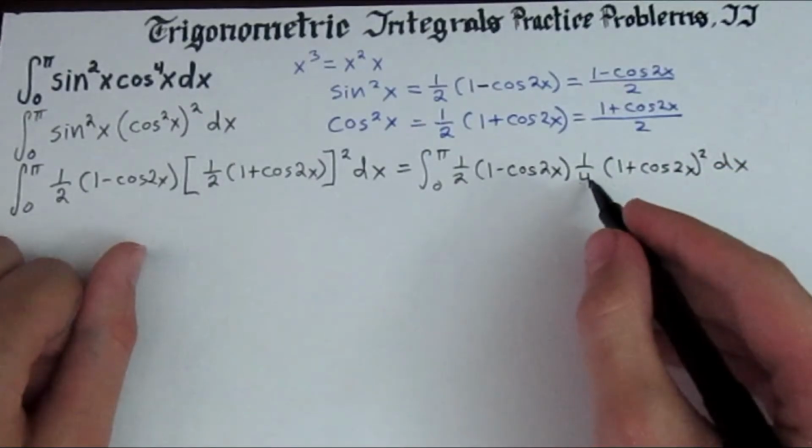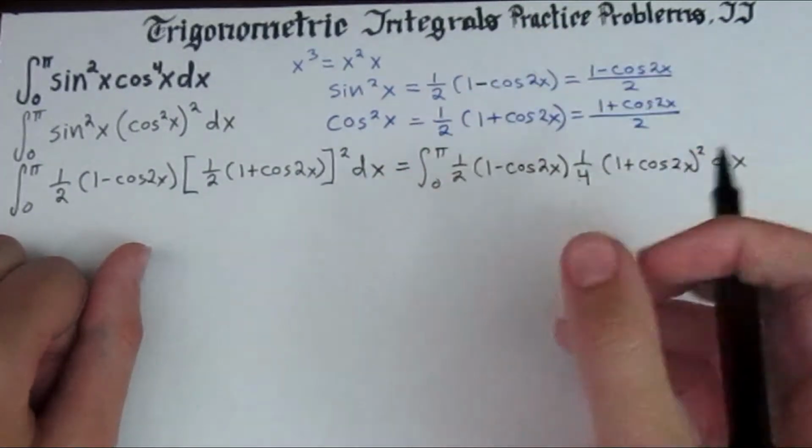Now 1/2 times 1/4 is 1/8, and I'm going to pull that constant out.